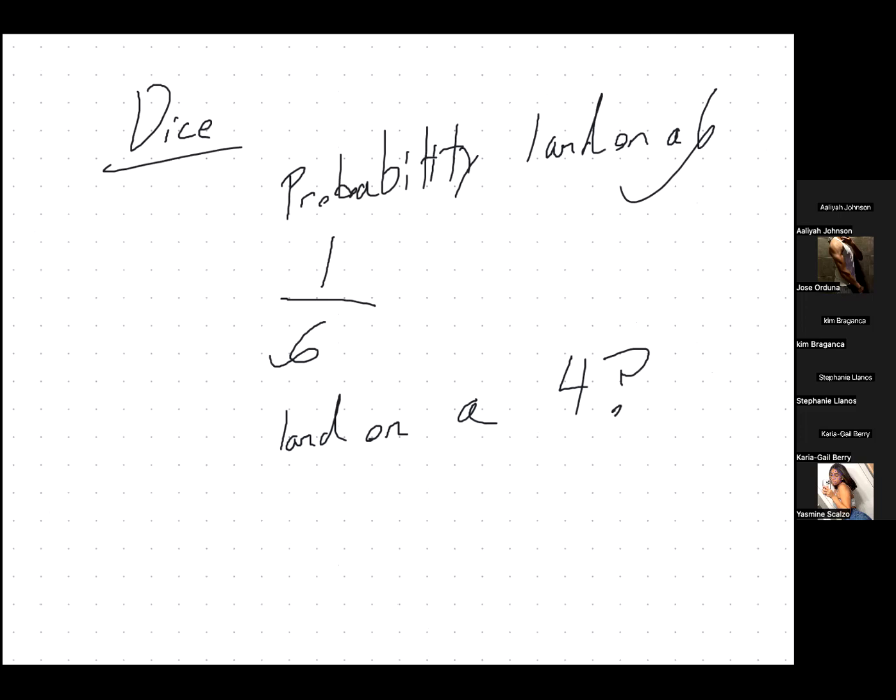All right, I got one answer. See some more answers in the chat. What's the probability it will land on a 4?